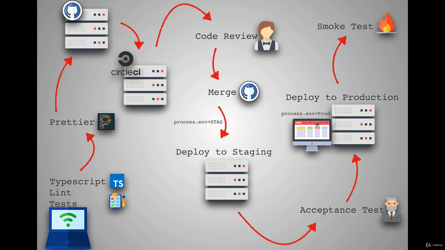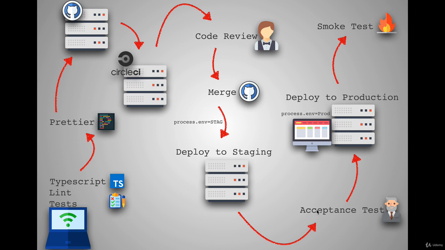The more the staging has in common with production, the more we can assume that things are going to work once we push to production. We then have something like acceptance testing, where perhaps a tester or a product owner or even Bruno tests on the staging server to make sure everything works, that our new feature works.